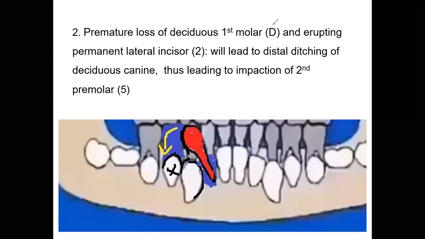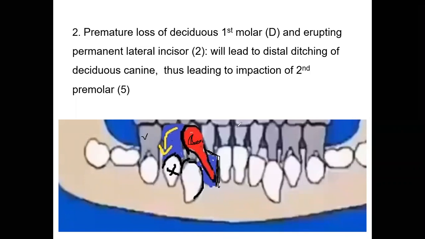I'm repeating it again, I think I'm not clear. Second molar, deciduous. First molar is exfoliated. Due to early exfoliation, what is happening? The erupting permanent lateral incisor is somewhere here. This erupting permanent lateral incisor will be applying pressure over this deciduous canine.